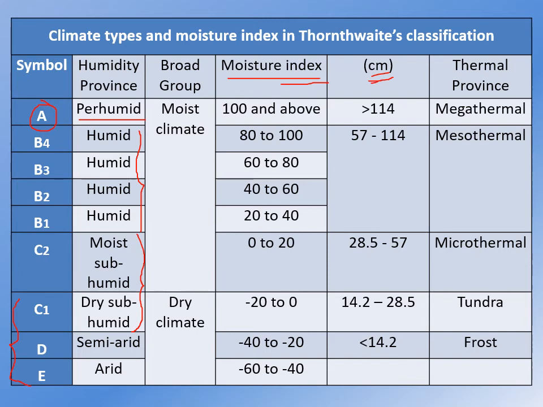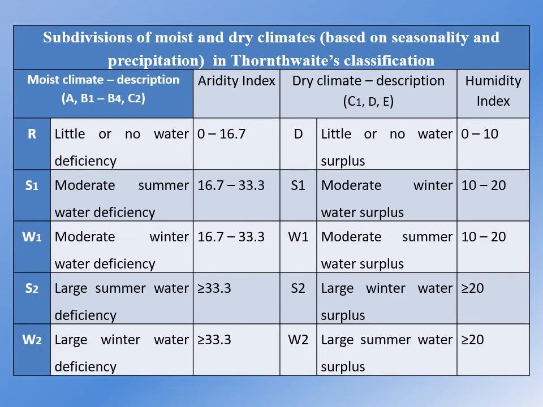So depending on these values, it can be divided into different thermal provinces, and the thermal provinces are megathermal, mesothermal, microthermal, tundra, and frost. And these are their corresponding moisture values in centimeter.